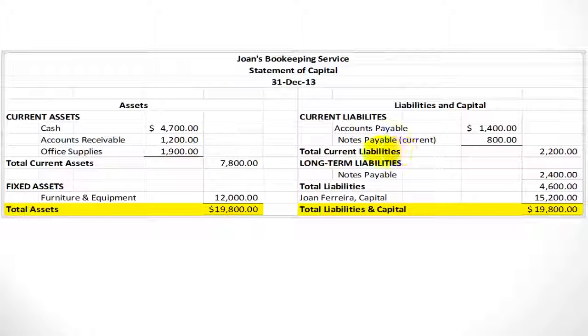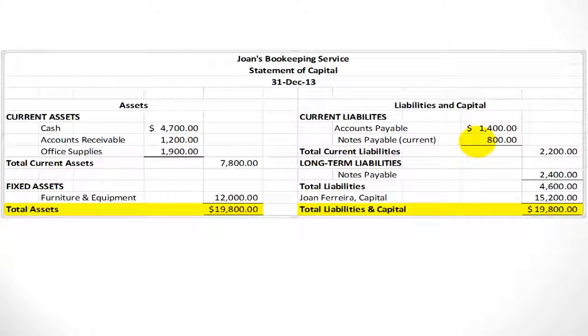Take a look at the notes payable account. Usually the notes payable account are loans that you have to pay for a long period of time. But what accountants do is differentiate within the notes payable what payments must be made within a year or within the period, and what payments need to be made in longer than a year.